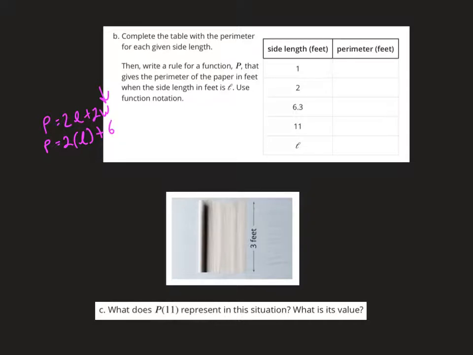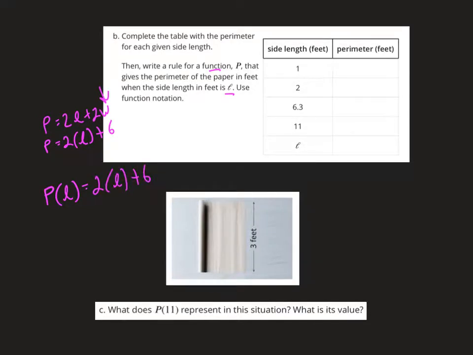So we're always going to add that universal number of 6, that value of 6. And they want us to write this in function notation as a P function. So P of what? P of the length, because the perimeter of this is going to change depending on our length. So that's going to be 2 times the length plus 6.